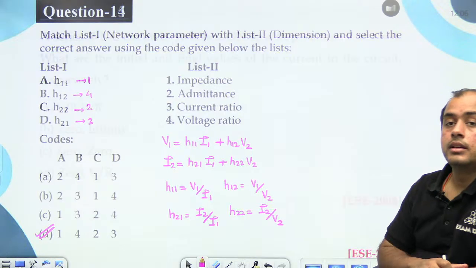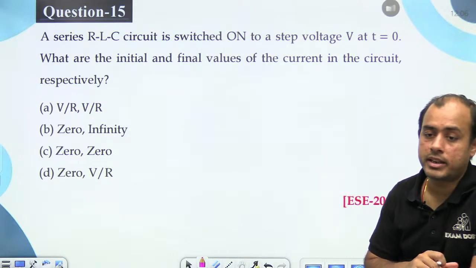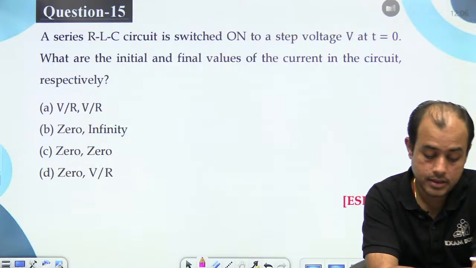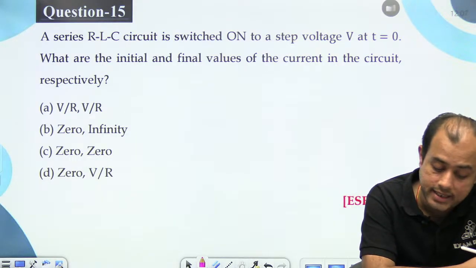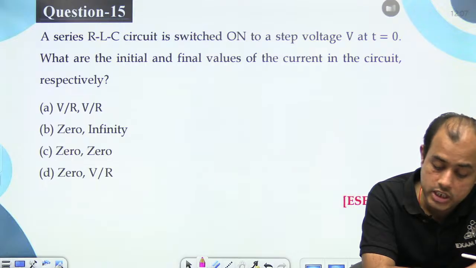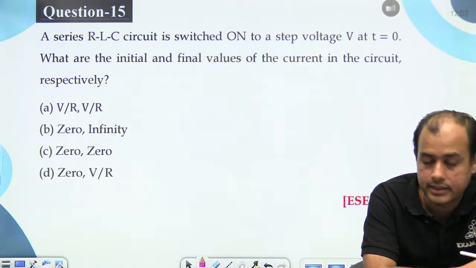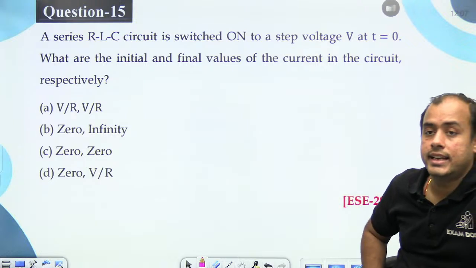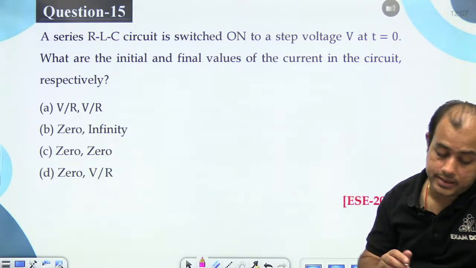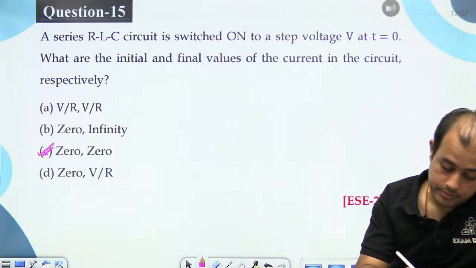1423. The control and signals PYQ will be taken by Neeraj sir, but it will happen. A series RLC switched on to a step voltage at t equal to 0, initial and final value of current. It is from ESE 2008. Both are 0. Why?